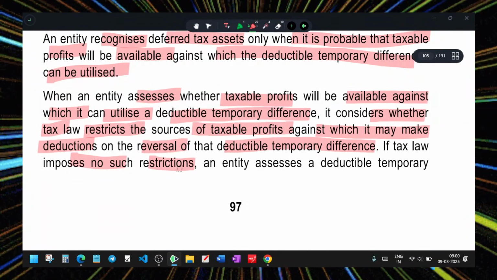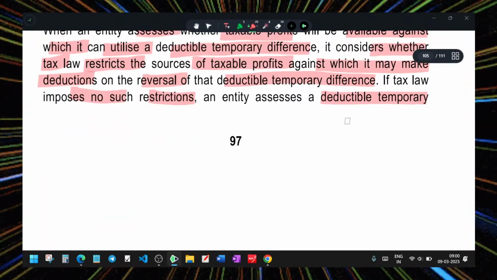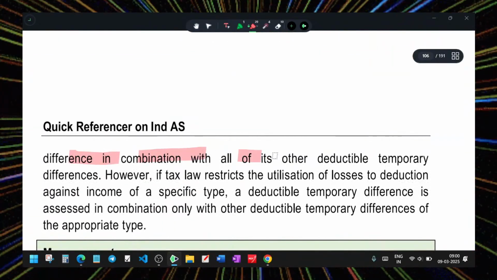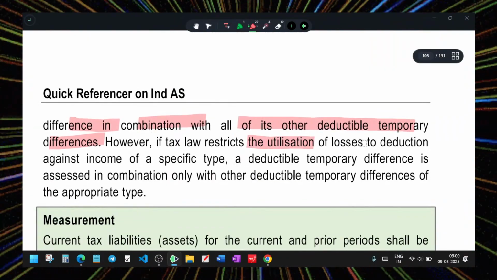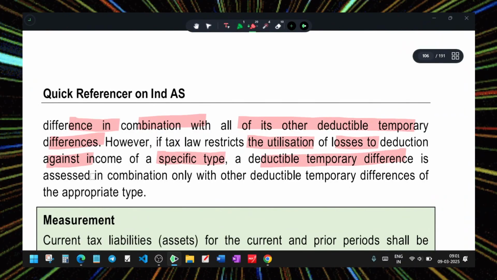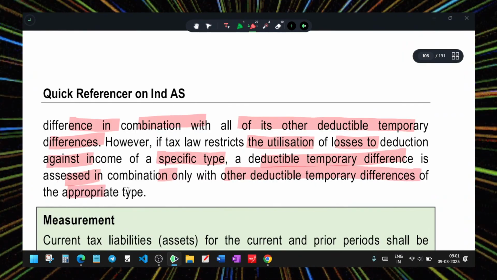If there is no problem, do whatever you want, then the entity assesses the deductible temporary differences in combination with all of the deductible temporary differences. And when you combine them, everything will be covered. That's what it said. However, if the tax law restricts the utilization of losses to deduction against income of a specific type, the deductible temporary differences are assessed in combination only with the deductible temporary differences of the appropriate type.